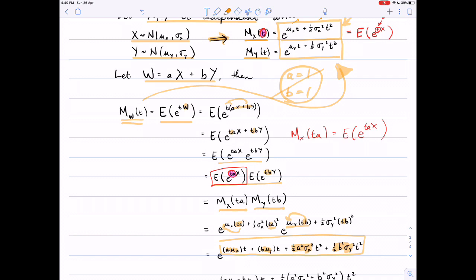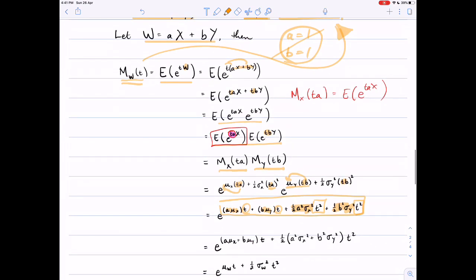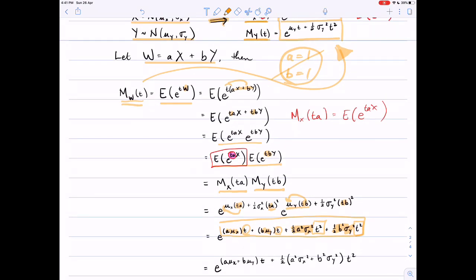Now I bet you can see what is coming next. We have a t in two places, and we have a t squared in two places, so we are going to factor them out. Oops, almost gave away the surprise ending there. Well, it's no surprise, it's a theorem, we know what the conclusion is. We have the t here, with nothing but constants in front. We have the t squared here, again with nothing but constants in front.